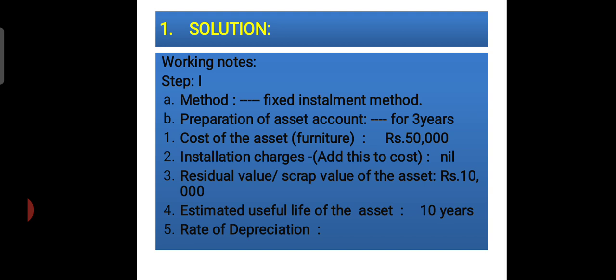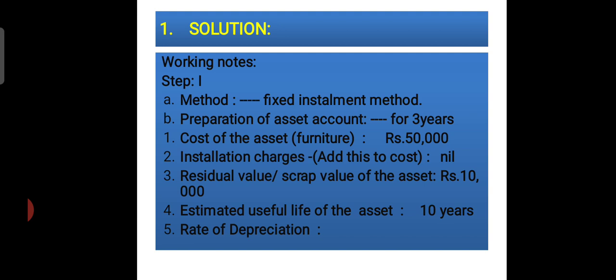And some other important working note points I have extracted from this problem. See, cost of the asset furniture is rupees 50,000. And second point, installation charges. In this problem there are no installation charges, so we can show it as nil here.